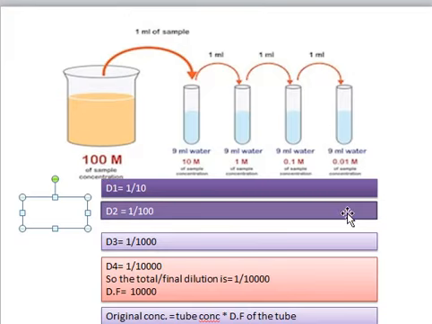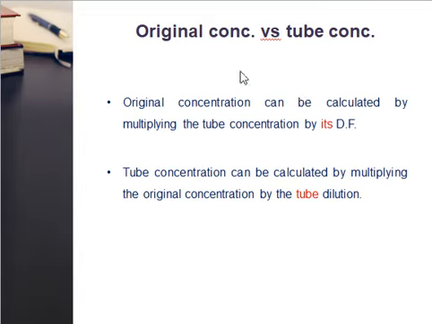So the tube concentration is multiplied by the dilution factor of the same tube. The original concentration can be calculated by multiplying the tube concentration by its dilution factor, and the tube concentration can be calculated by multiplying the original concentration by the tube dilution.